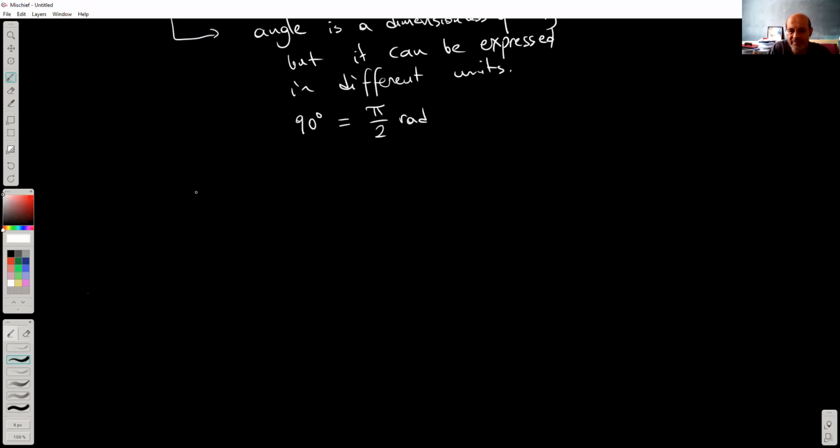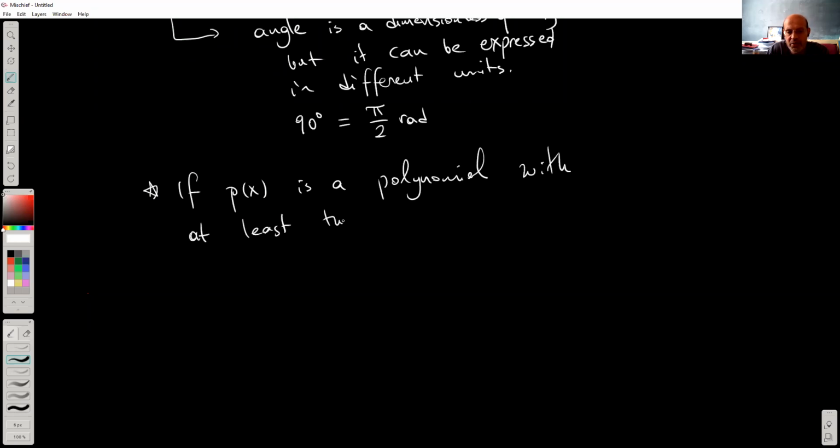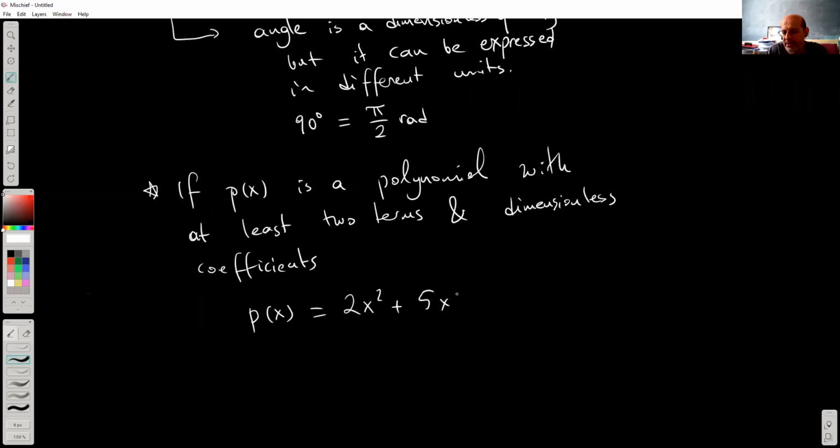So usually, let's say it like this. If f of x is a polynomial with at least 2 terms and dimensionless coefficients, for example, let's say p of x is equal to 2x squared plus 5x cubed, right?